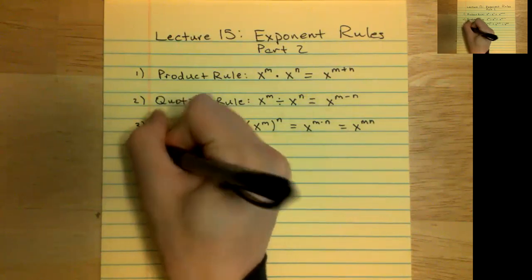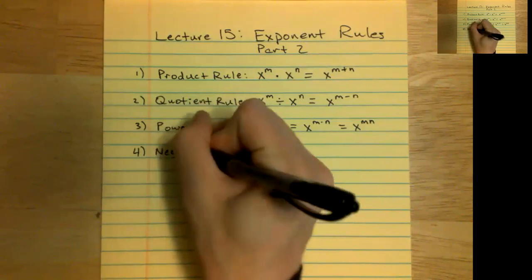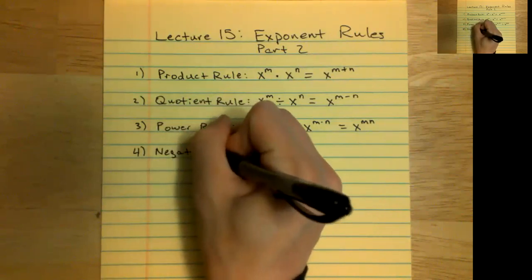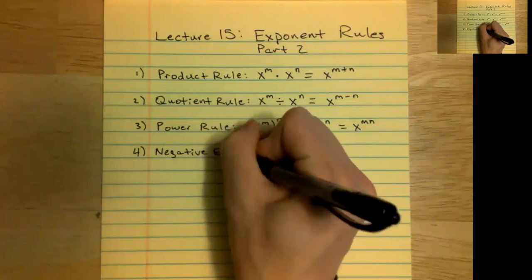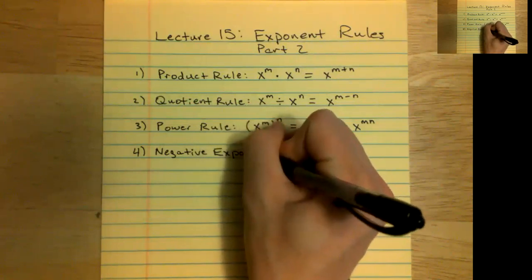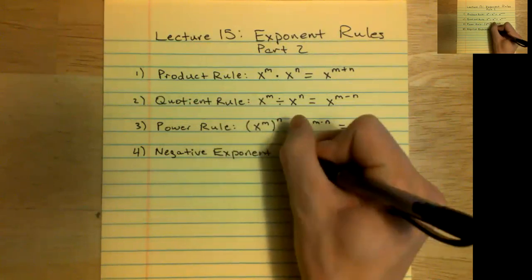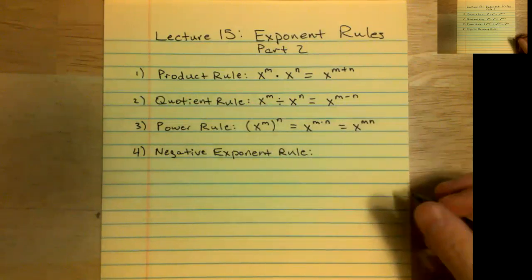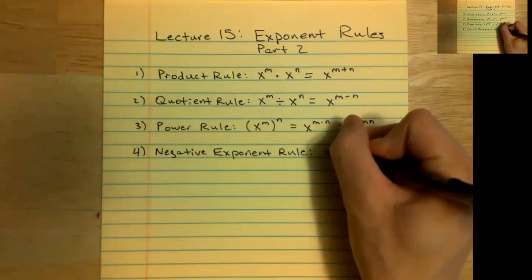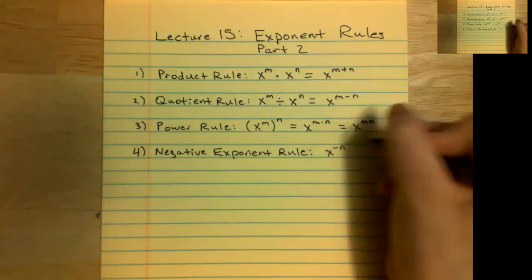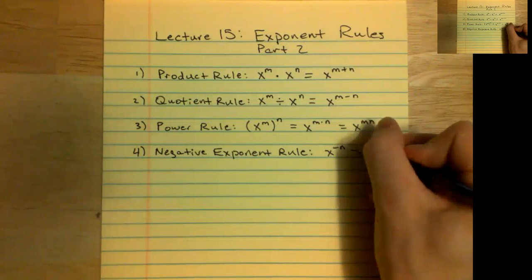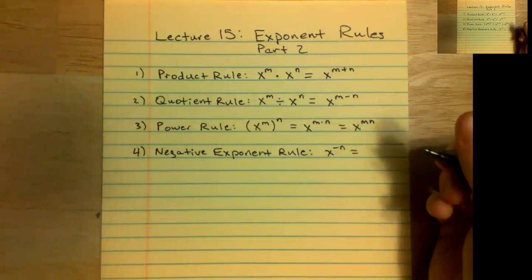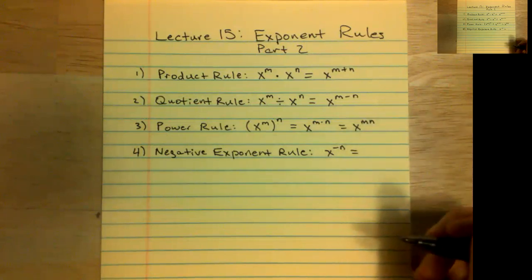I'm going to move on to the fourth rule. The fourth rule is called the negative exponent rule. All right, so for the negative exponent rule, we're going to have a negative exponent on top of a variable. So when we have a negative exponent, we're always going to treat this like a fraction.